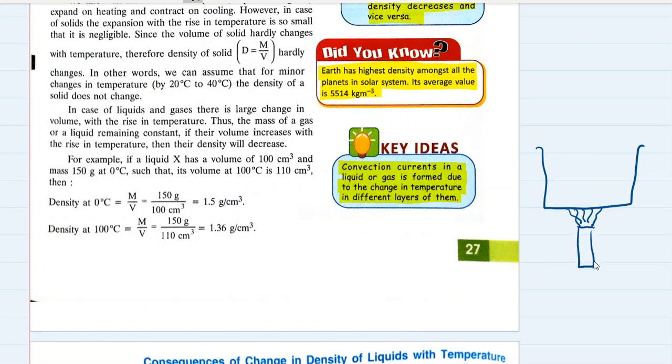The liquid molecules at the bottom will absorb the heat and go up, and the liquid molecules at the top will come down because they become heavier. This kind of current continuously keeps on generating inside the liquid.